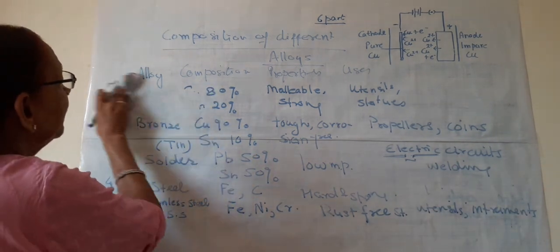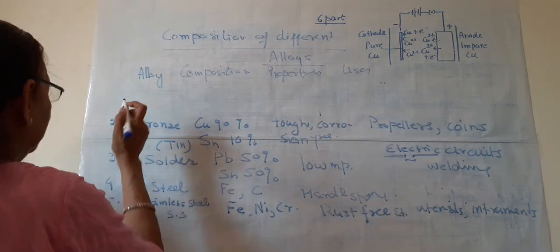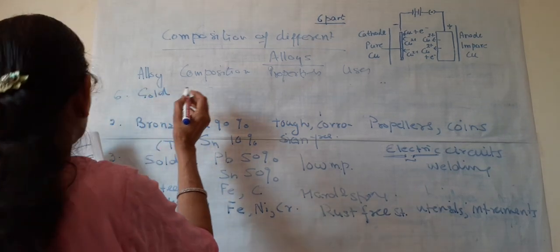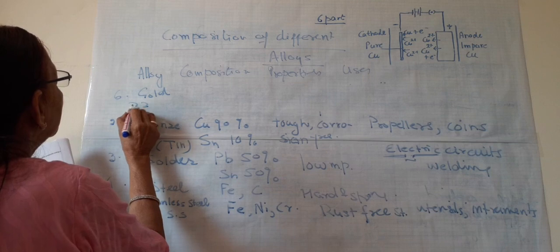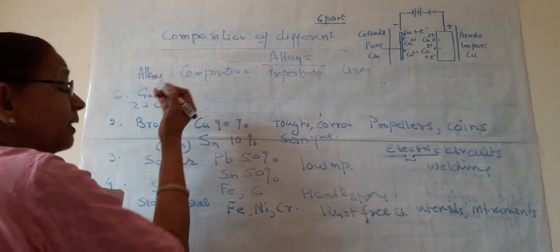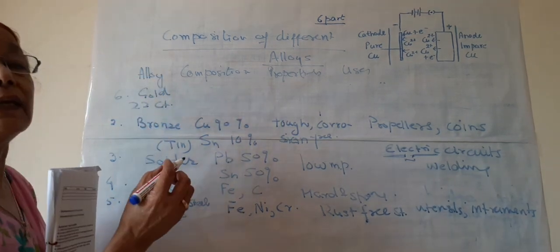One more we can write, very important, very expensive, and that is gold. And gold, it is 22 karat gold. In India we use, gold is a pure substance, pure metal. 22 karat gold is an alloy.